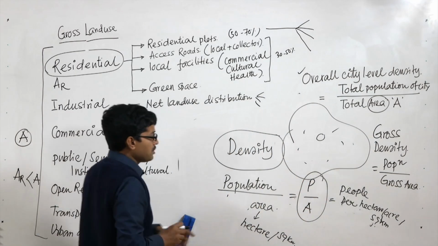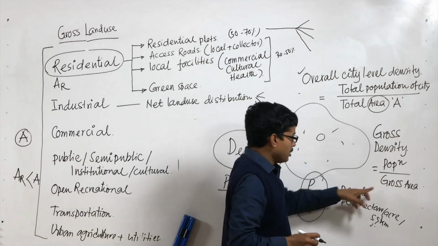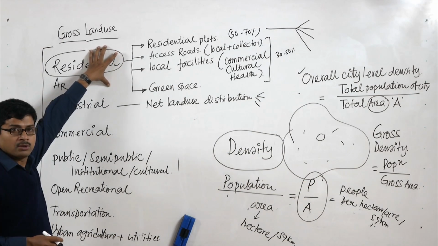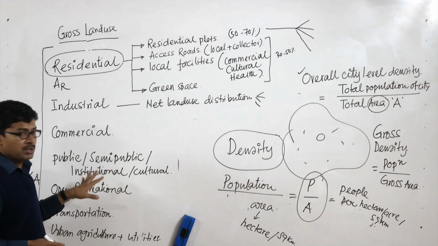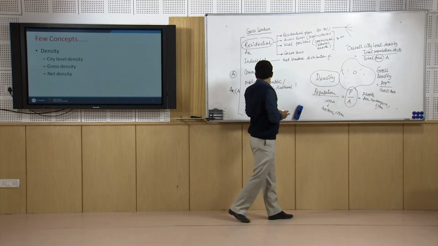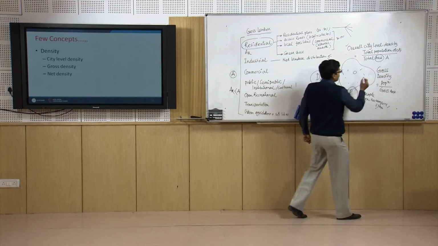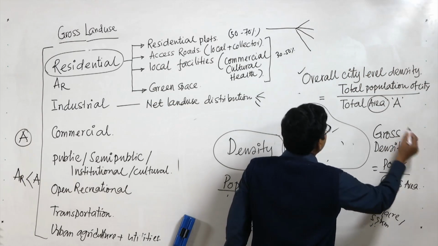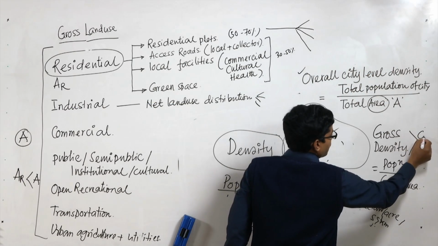Since the population is the same, and the gross area is the area for a particular land use, not all land use, the gross density will be more than the city level density.